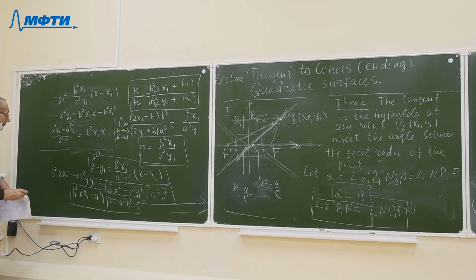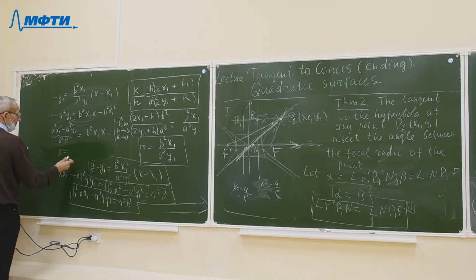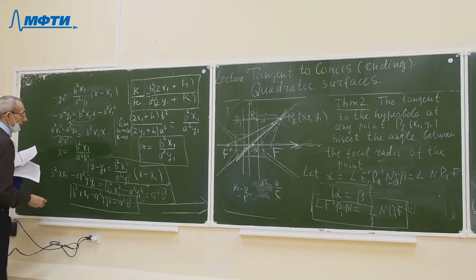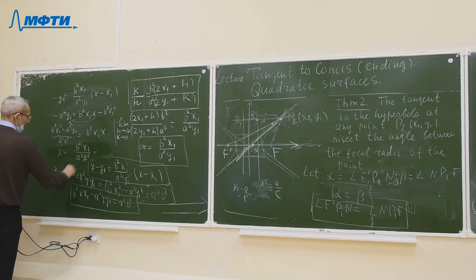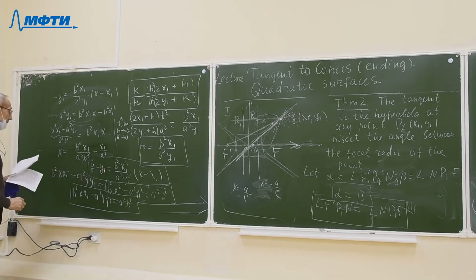And after that we obtain the following equality: x is equal to the ratio b square x1 divided by a square b square. We subtract b squared, and obtain x1 divided by a square.